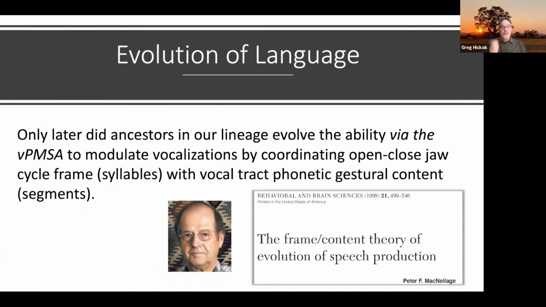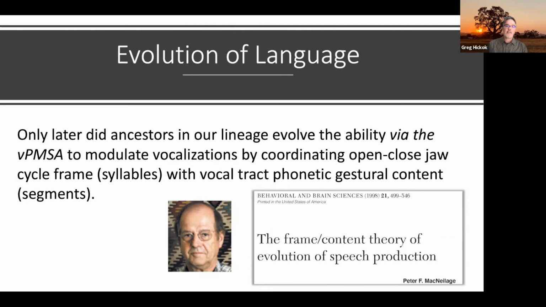Now, with respect to the control of the speech articulators in the supralaryngeal tract, the idea here is that once you had control of the larynx and you could produce communication through song, you can then start modulating these vocalizations by configurations of the vocal tract. An interesting and fairly well accepted idea these days is Peter MacNeilage's frame content theory of speech evolution.